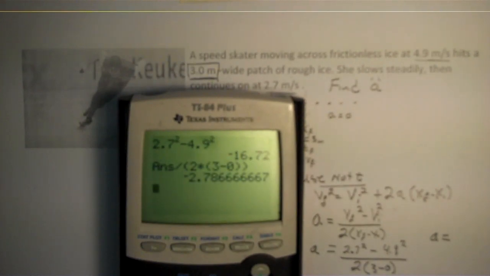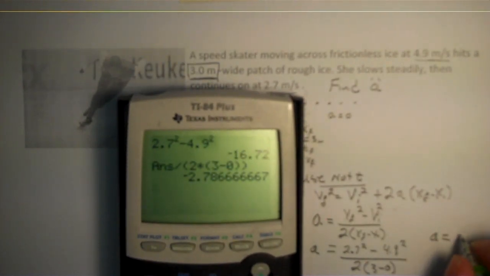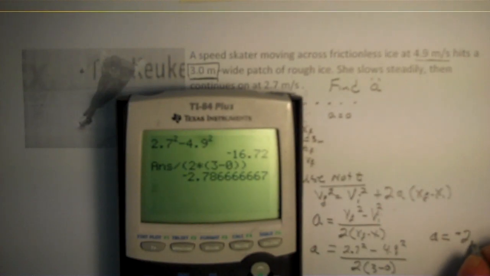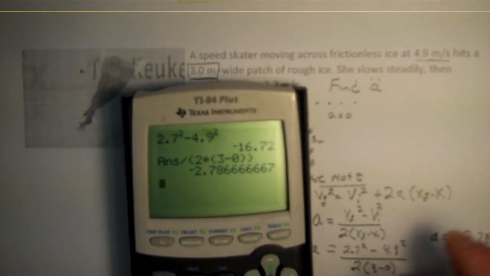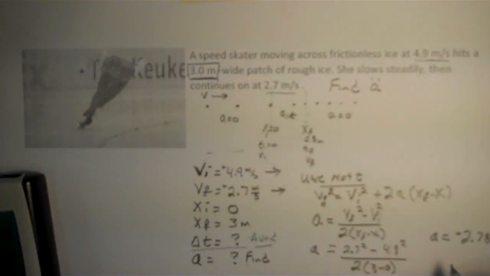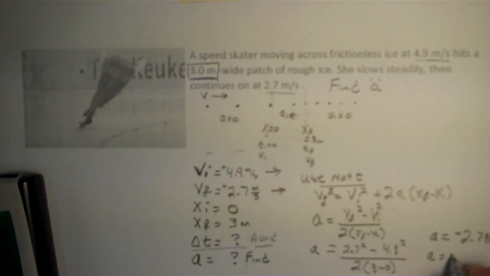Boom. And I get negative 2.7867. That's more digits than I need. I look up here, everything's got 2 significant figures. So the acceleration is negative 2.8 meters per second squared. The question just asks for magnitude.